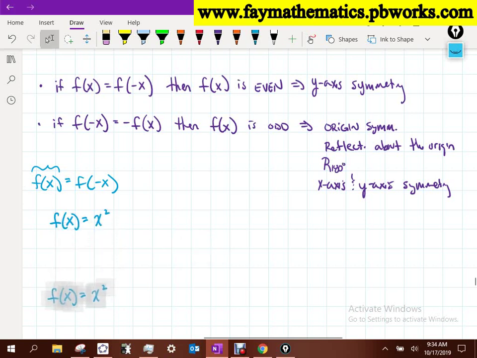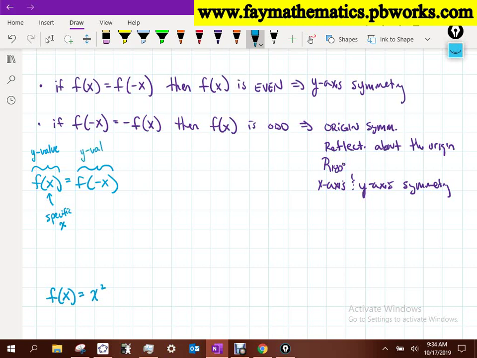It's a y value. Okay? So this is a y value for a specific x. Does that make sense? What is this? F of negative x is just a y value, isn't it? That notation, that's a y value.